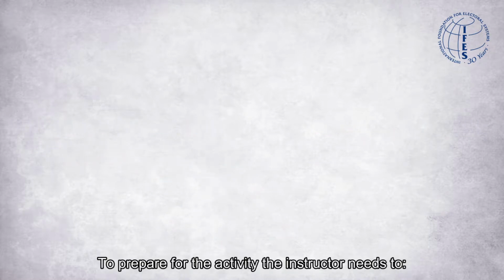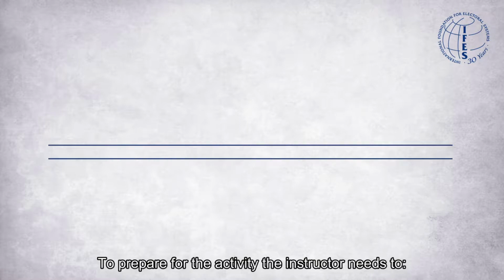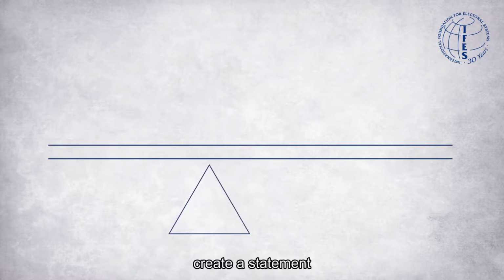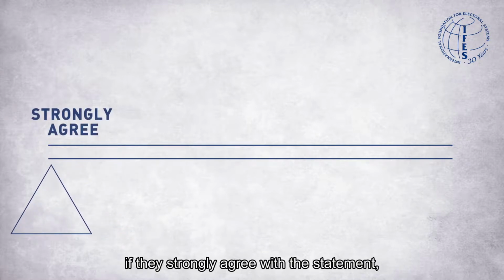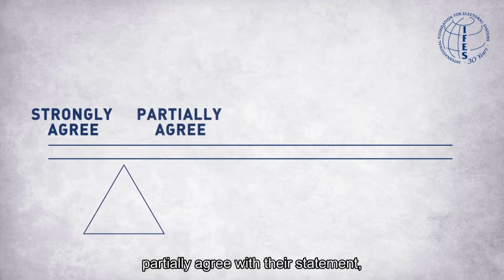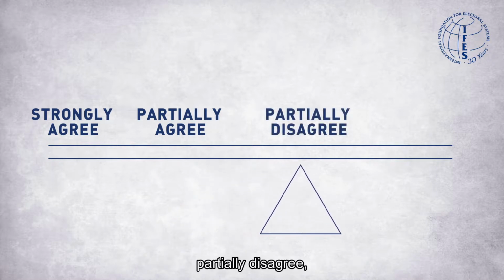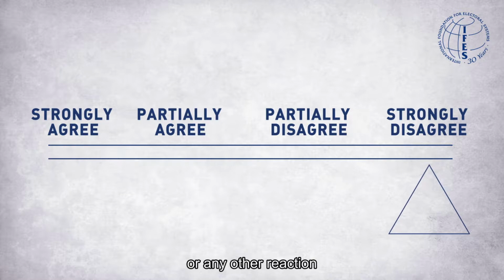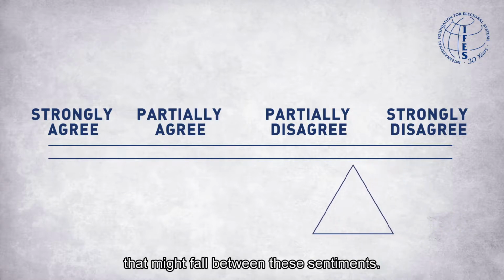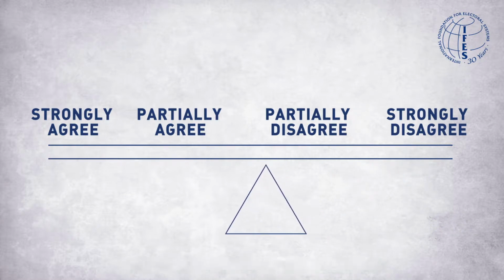To prepare for the activity, the instructor needs to, first, create a statement that will require students to decide if they strongly agree with the statement, partially agree with the statement, partially disagree, or strongly disagree, or any other reaction that might fall between those two positions.